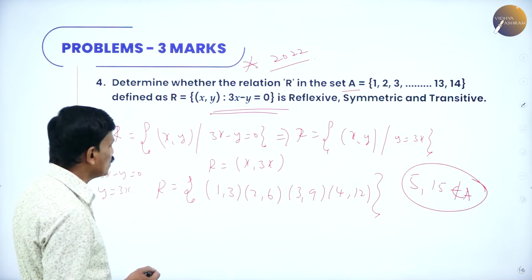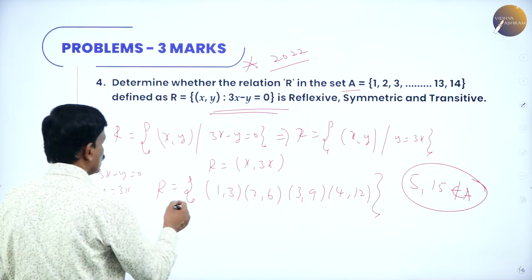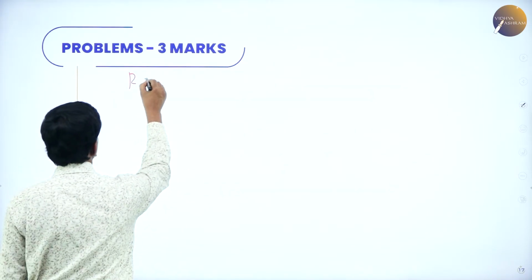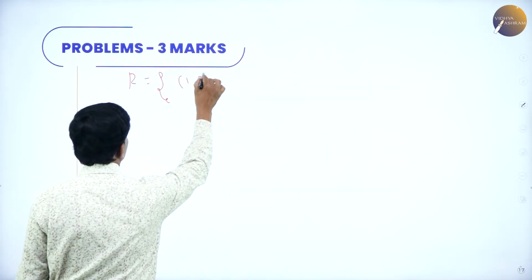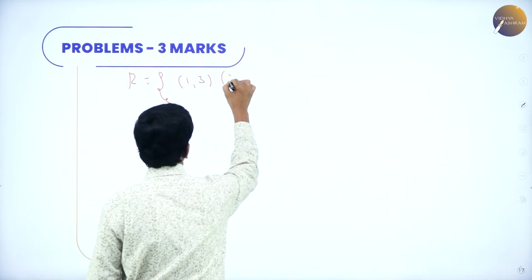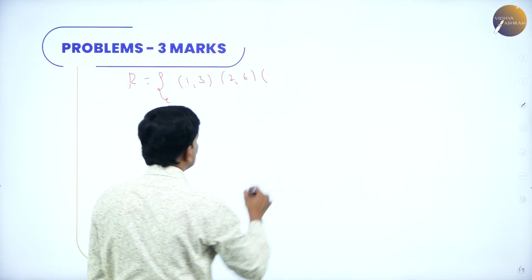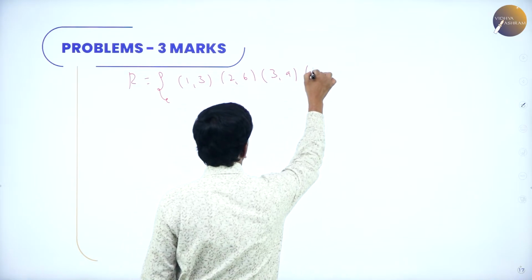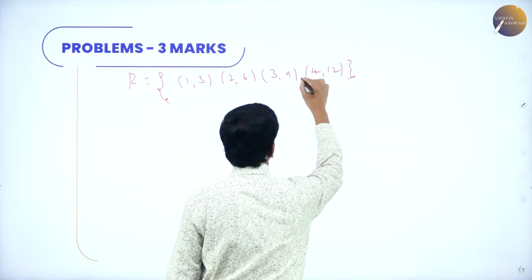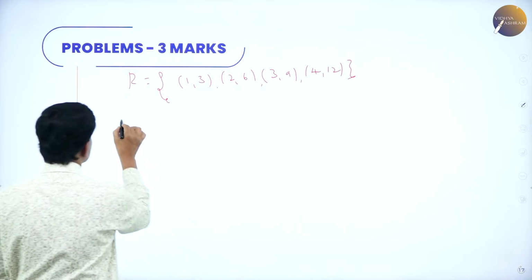Now let us verify one by one. Now first one, I will go to the next page. R is equal to, what is the relation we have? 1 comma 3, 2 comma 6, then 3 comma 9 and 4 comma 12. Now one by one. First one, reflexive.